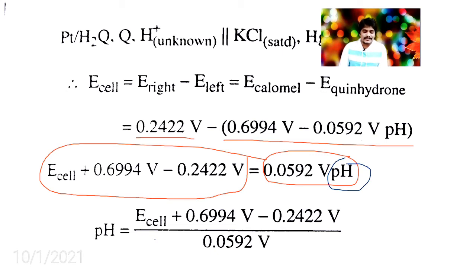Now we are going to discuss how, making use of the saturated calomel electrode, we can determine the pH of the unknown solution using the glass electrode. This is also very similar. Already I have demonstrated it at the beginning.